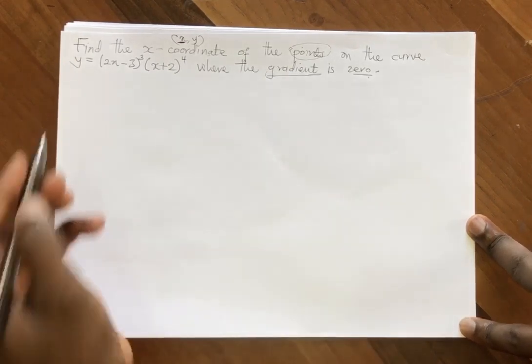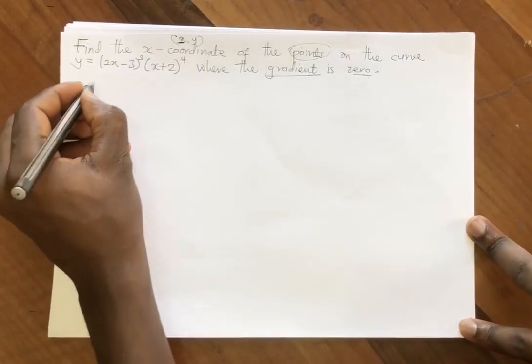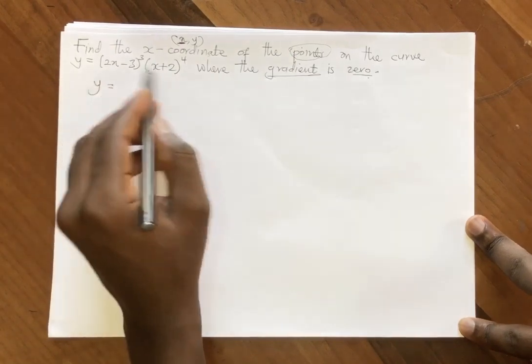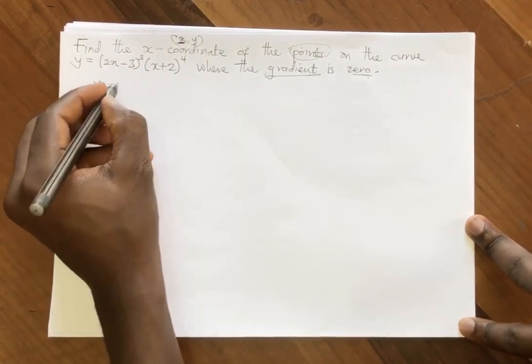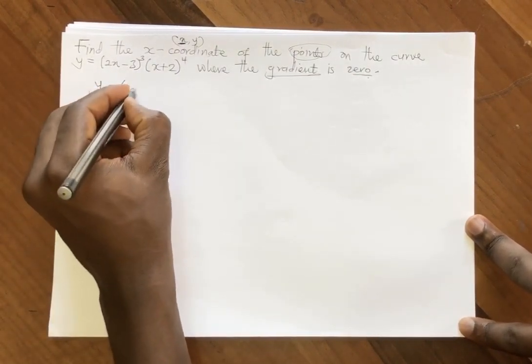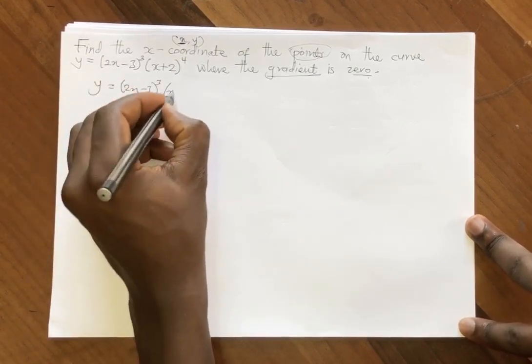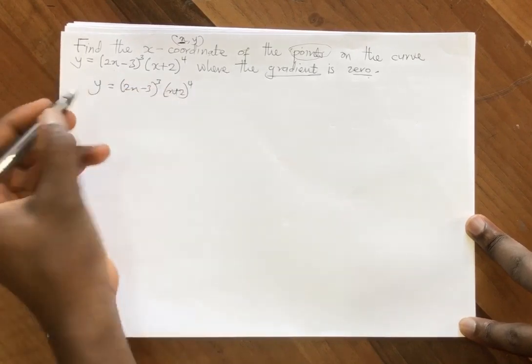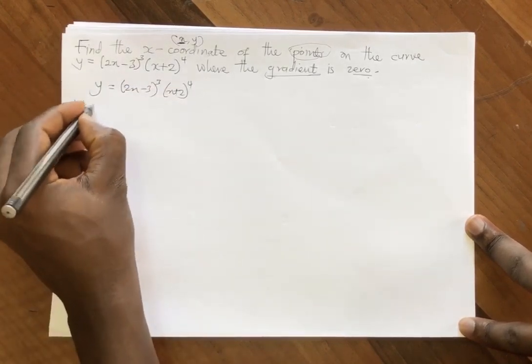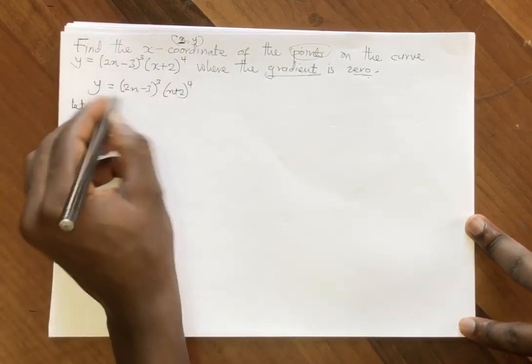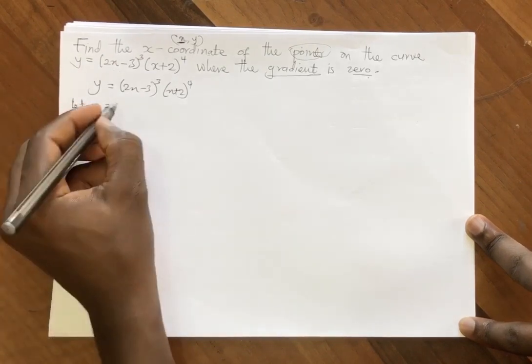So let's start. We have two functions multiplying themselves. So we have 2x minus 3 raised to the power 3, then x plus 2 raised to the power 4. So let u be equal to the first function.